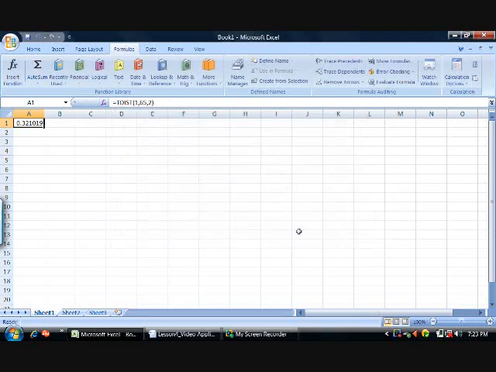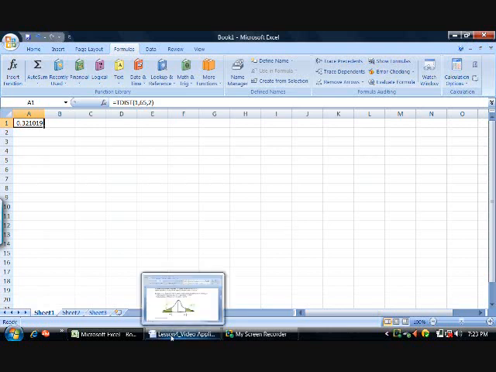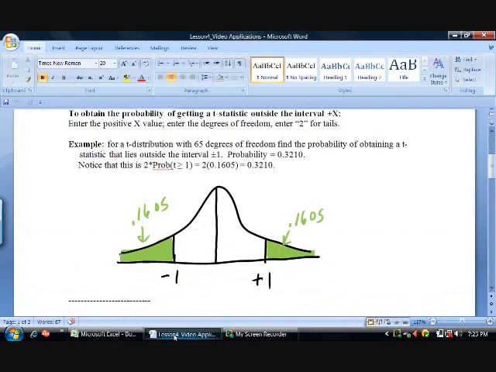And what you'll get is a probability 0.3210. In other words, there's a 32.1% chance of getting this. Going back to the notes, there's a 32% chance of getting a value outside plus and minus 1 standard deviation, actually, from the mean of 0.